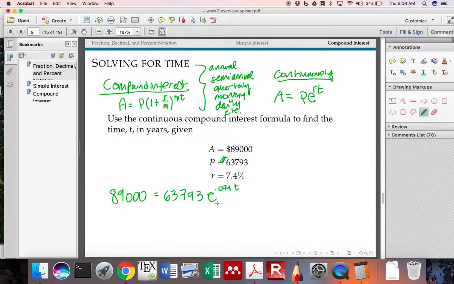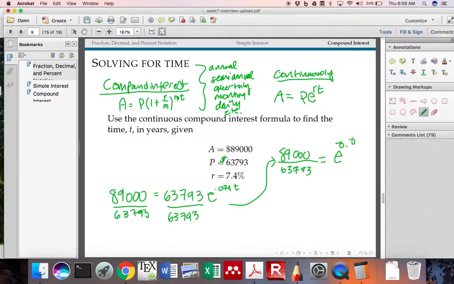One thing that makes sense to me is that if I divide through by 63,793, I will get, and I'm not going to find this quotient yet, I'm just going to leave it in this form for the moment, equals e to the negative 0.074t, and it might not be immediately obvious how to express that t as just one t because it's tied up in this e to this power thing.